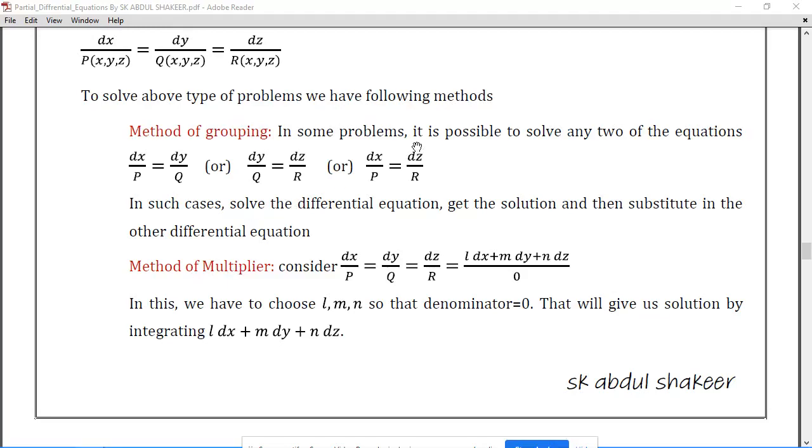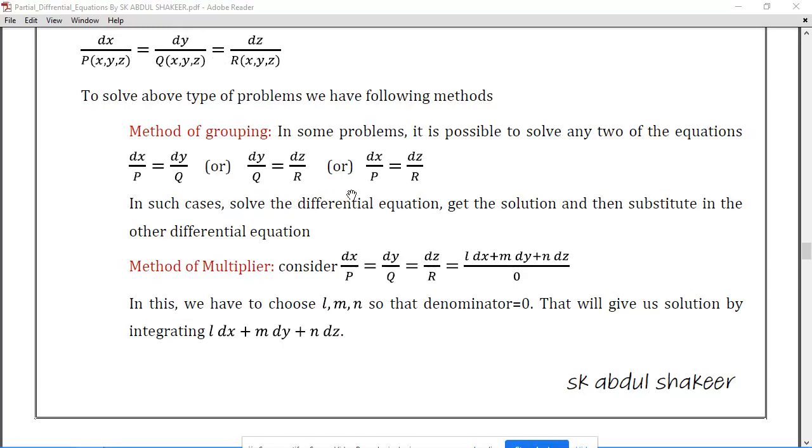In some problems, it is possible to solve any two equations: dx/P equal to dy/Q, dy/Q equal to dz/R, dx/P equal to dz/R. So the first two fractions are equated, the next two are equated, and the first and last fractions are equated.